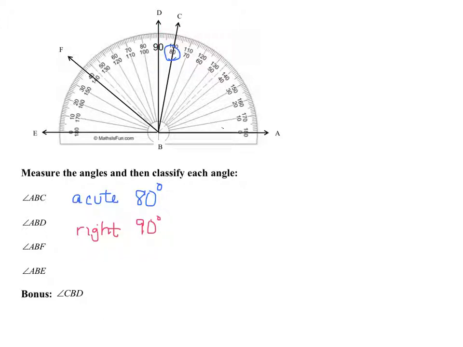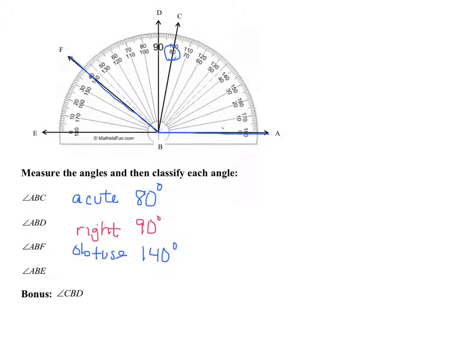Angle ABF is obtuse because it is more than 90 but less than 180. And then we're going to read the bigger number on this because it's more than 90. See how the opening is definitely more than 90 degrees. And that's going to be approximately 140 degrees.